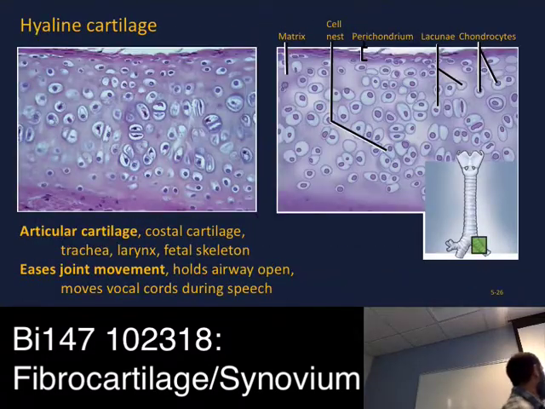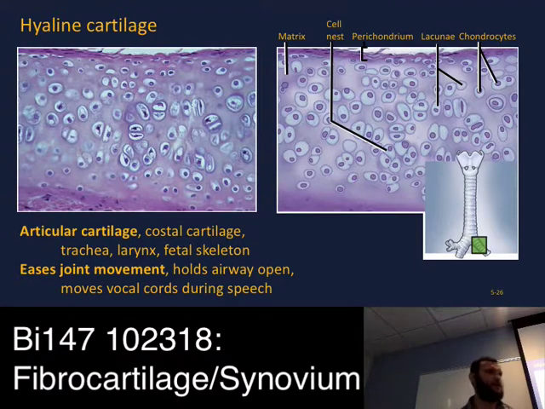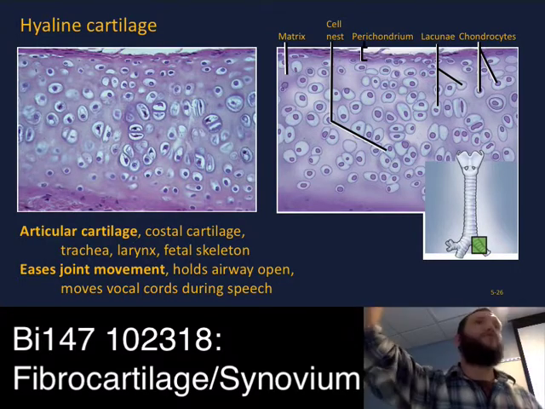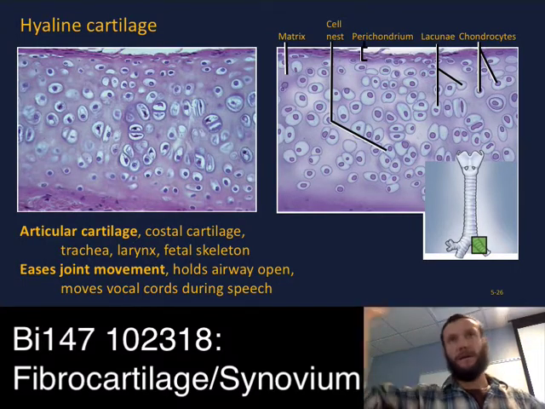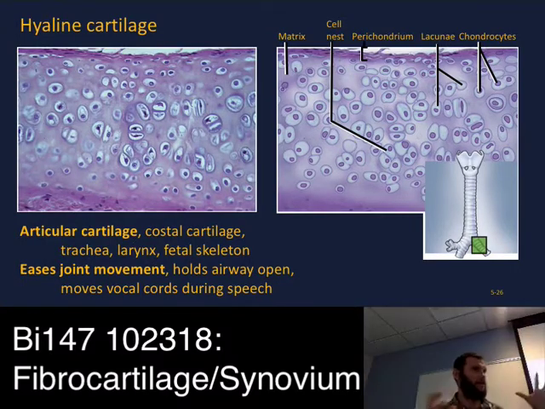Whereas hyaline cartilage is this sort of gel that is isotropic, meaning non-directional, something that can handle non-directional compression.